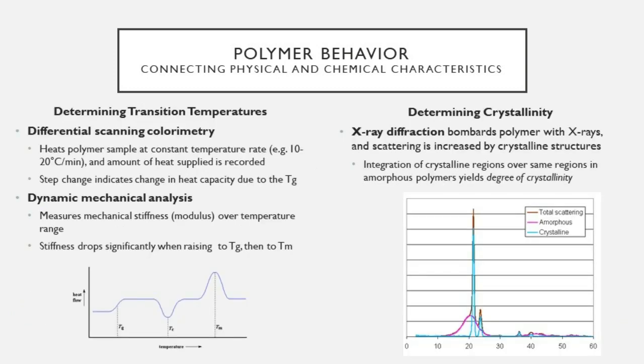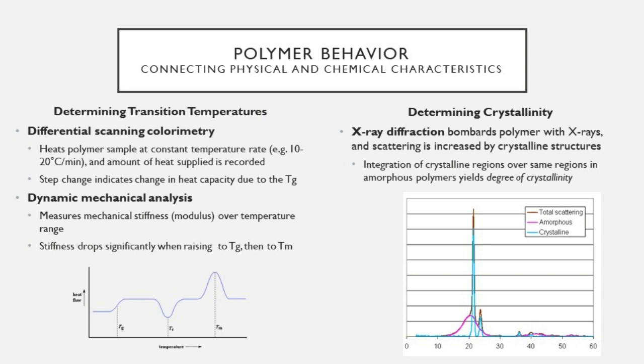The two most common ways of determining these temperature transition points are through differential scanning calorimetry, or DSC, and dynamic mechanical analysis, or DMA. In DSC, a similar polymer sample is heated or cooled at a constant temperature rate. The amount of heat supplied or removed is then recorded. And then the step change of the temperature of the sample versus the heat supplied can indicate whenever these transition points have occurred.